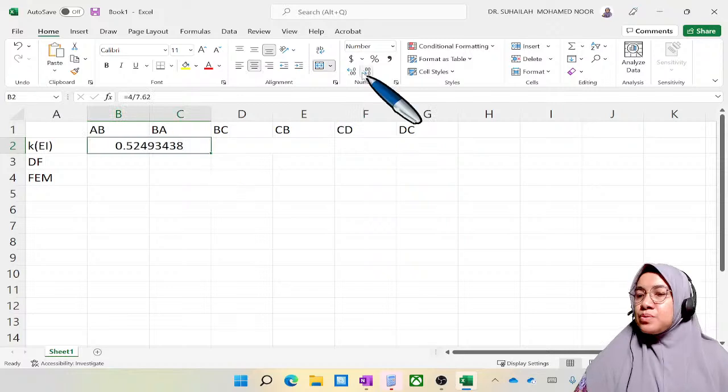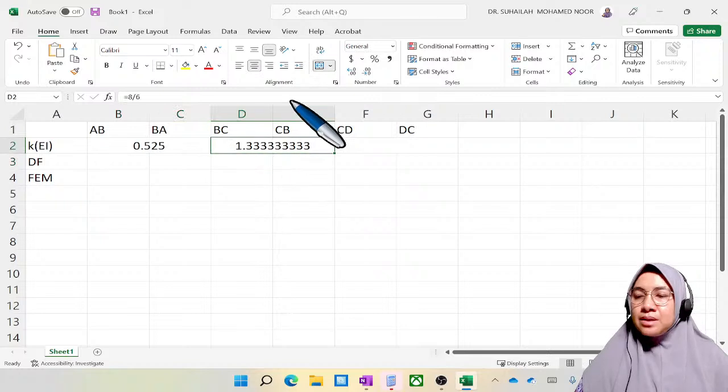So we get this. For member BC, it is 4 times 2 because it is 2EI, so 4 times 2 is 8 divided by length 6.